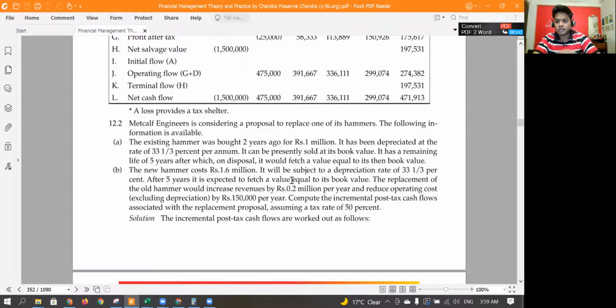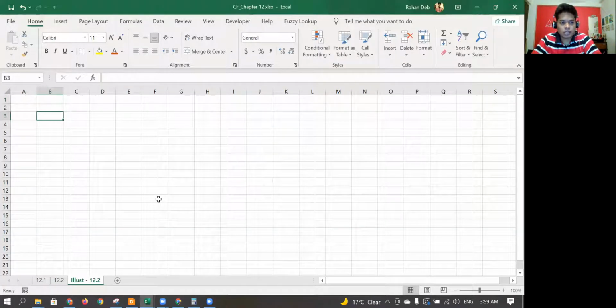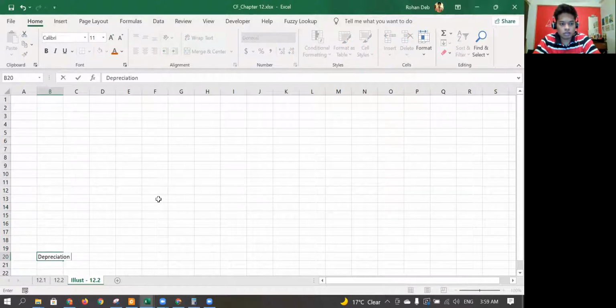Okay, so let me just calculate the depreciation on the old hammer first. Okay. So let's do this. Depreciation on old hammer.